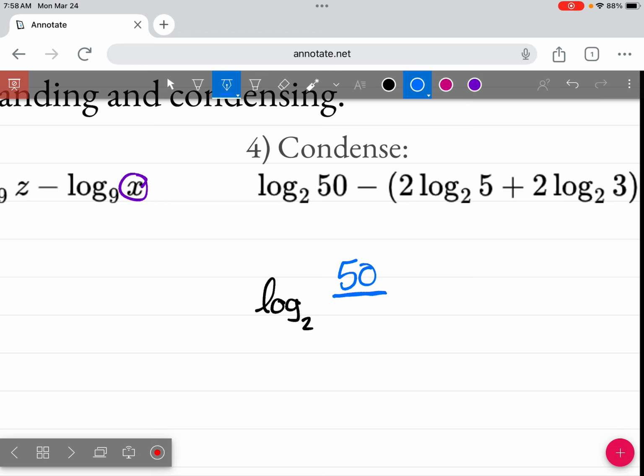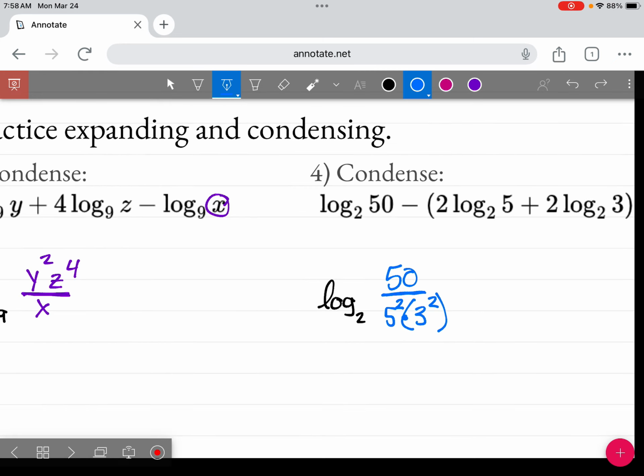What's in the bottom? 5 squared, and then I put 3 squared in parentheses because of my sanity. Totally fine. You can do 5 squared times 3 squared this way. I could go, wait a second, 5 squared I know is 25, 3 squared I know is 9, and we could multiply it out. Absolutely valid. But I'm also totally okay with us leaving it right here.